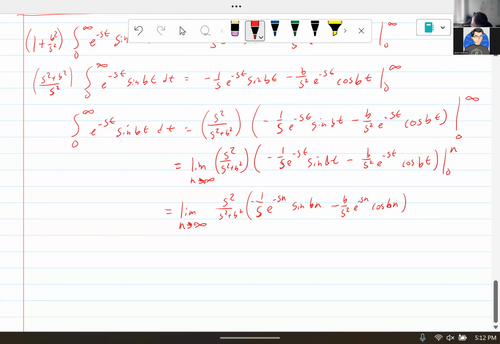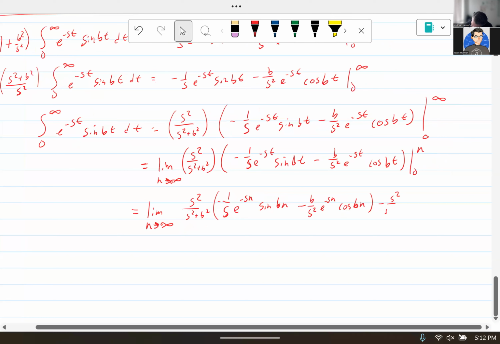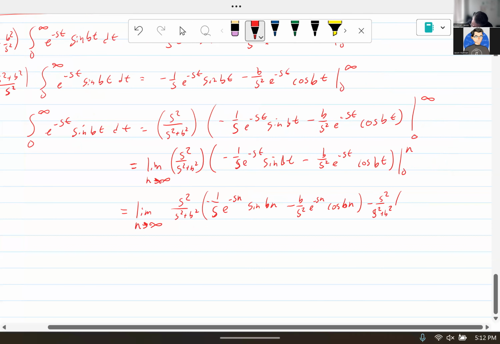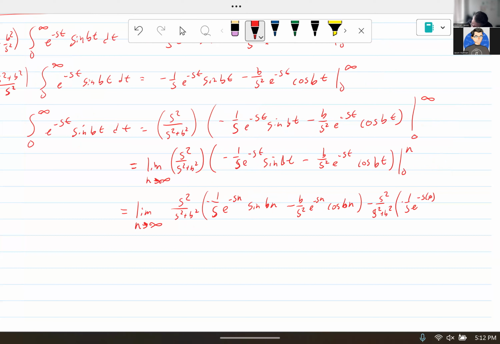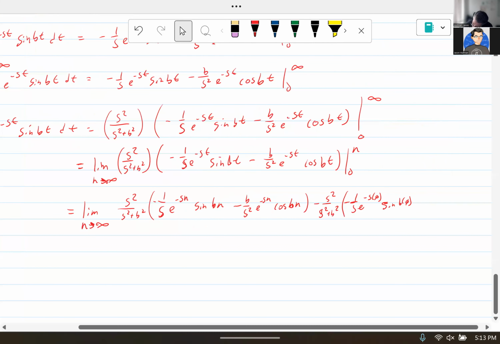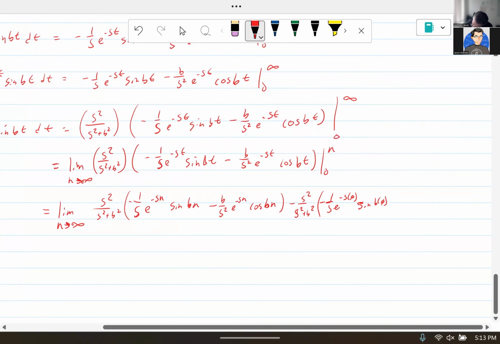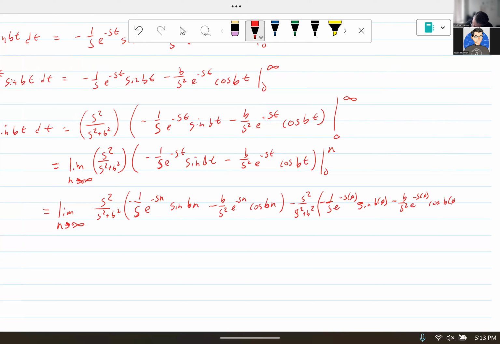Minus s squared over s squared plus b squared times negative 1 over s e to the negative s times 0 sine of b times 0, minus b over s squared e to the negative s times 0 times the cosine of b times 0.